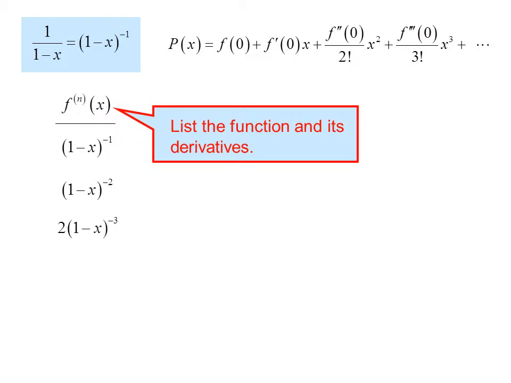The next derivative is 2 times 1 minus x to the negative 3. Then 6 times 1 minus x to the negative 4. And 24 times 1 minus x to the negative 5.